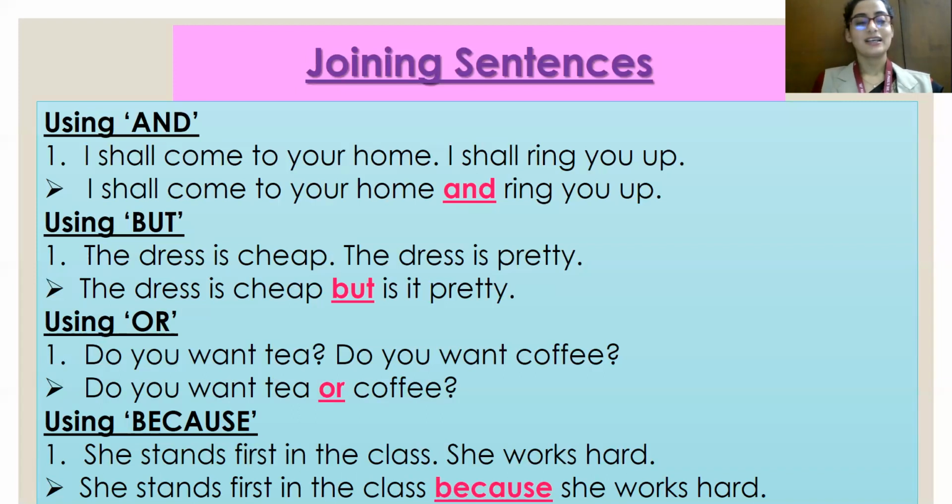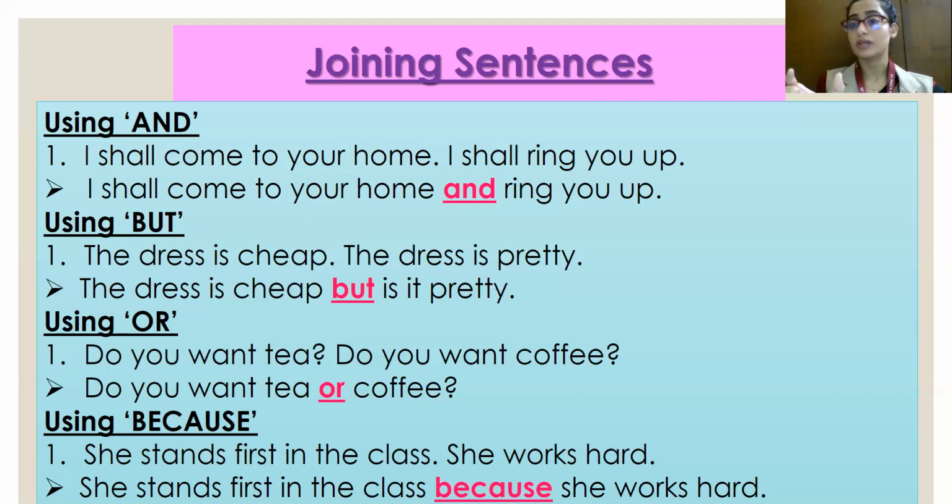All right, she stands first in the class, full stop. She works hard. So there is a reason here, children. I told you because we just studied a little time ago. And what is that? Because is used when it states the reason in the second part of the sentence.